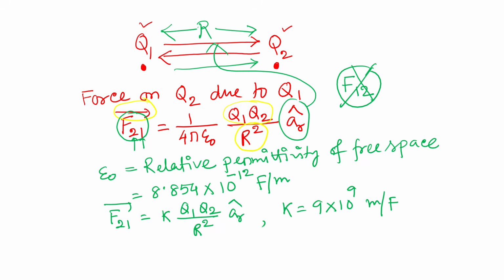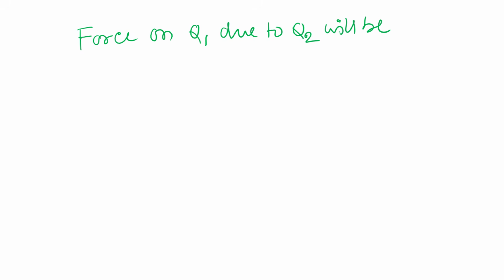Similarly, force on Q1 due to Q2 will be F12, and again it will be a vector quantity.